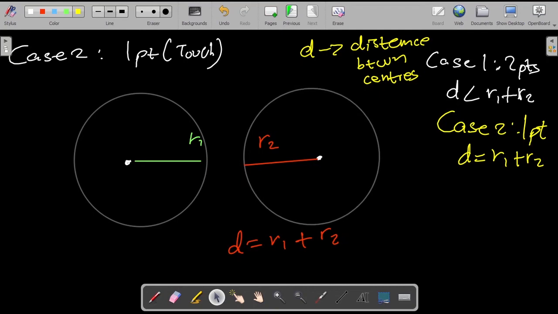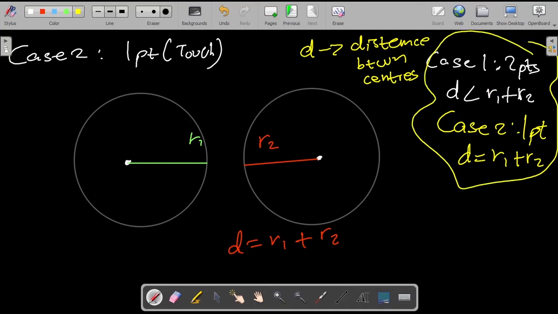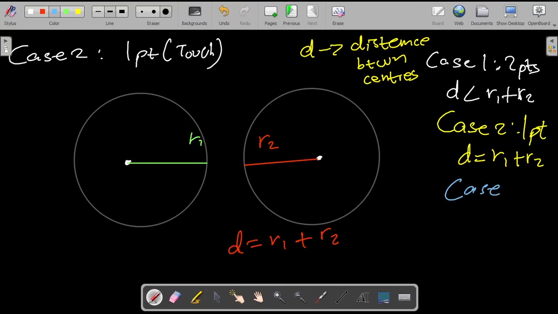Once again, it's easy to see from the diagram that the circles are not touching, but if you are only given some information, you have to do the calculations, and these are the calculations that I'm talking about, on the right hand side. This is how you check the case that you are looking at.